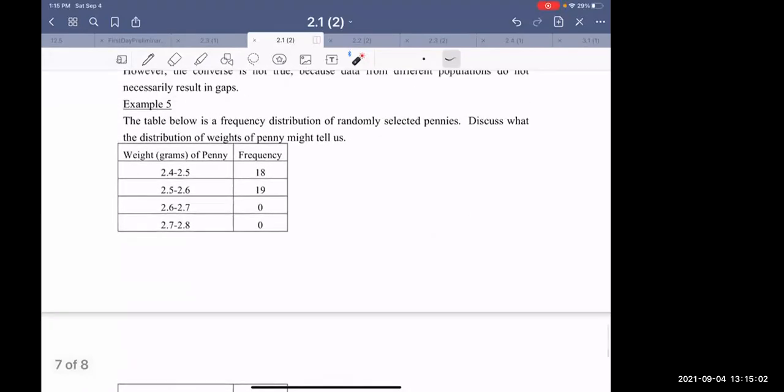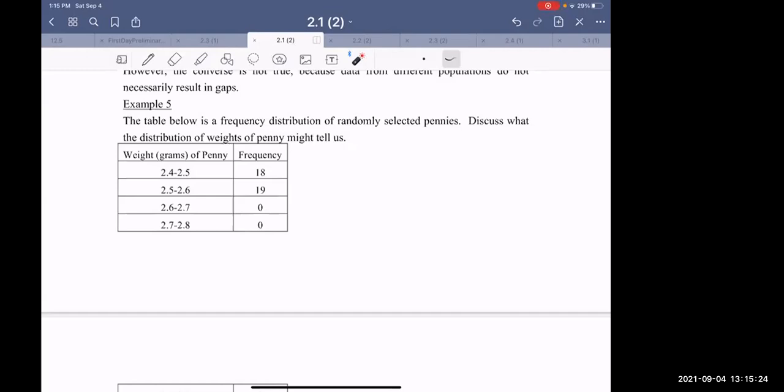So let me show this. So the table below is a frequency distribution of randomly selected pennies. You can actually do this with pennies. It's actually quite interesting. And if you are not able to weigh a penny, you flip a penny on concrete or something, and you listen to it.